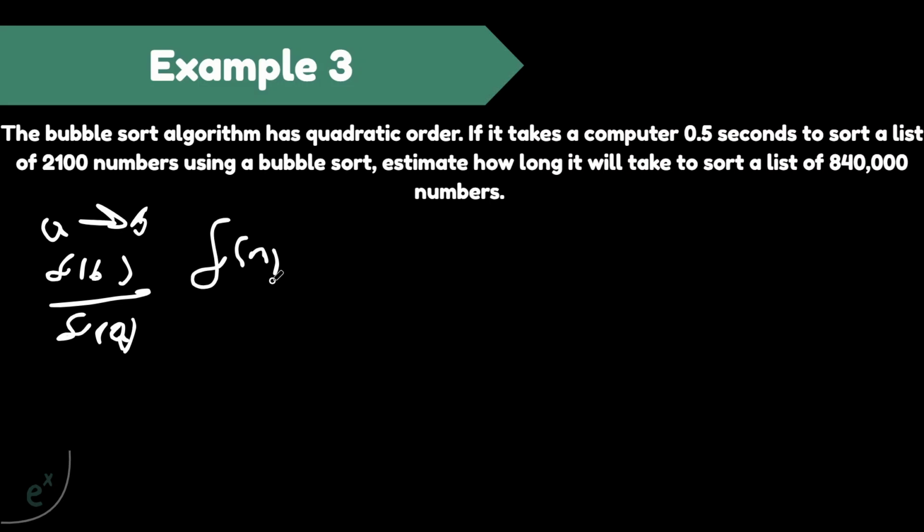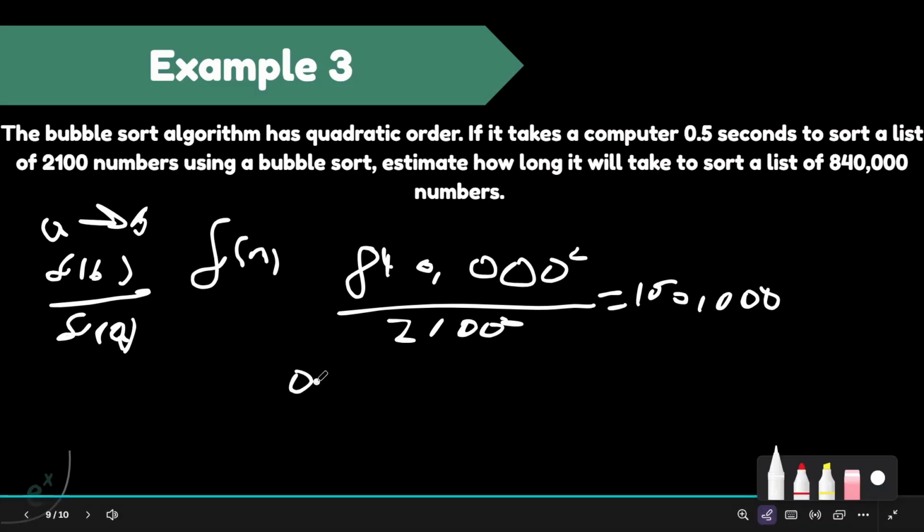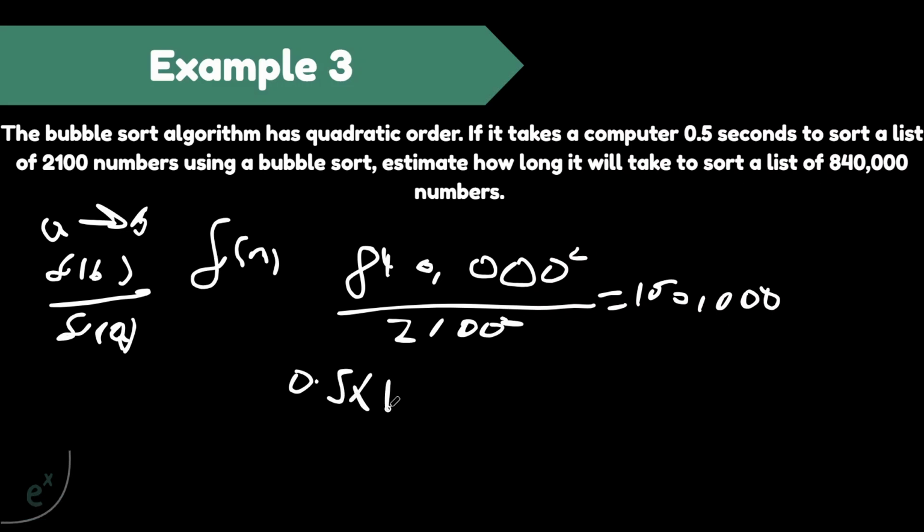So, applying that to this question, since bubble sort has a quadratic order, we can calculate the scale factor by working out 840,000 squared over 2,100 squared, which gives us a scale factor of 160,000. Now multiplying this by our original time taken of 0.5, we will get a time of 80,000 seconds.